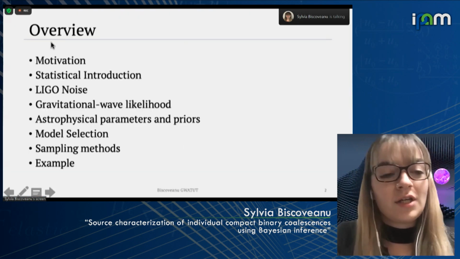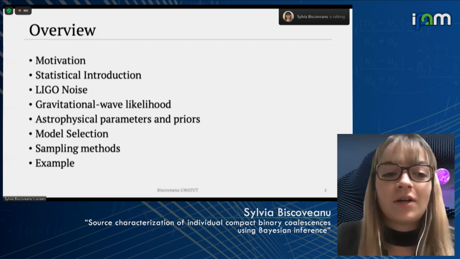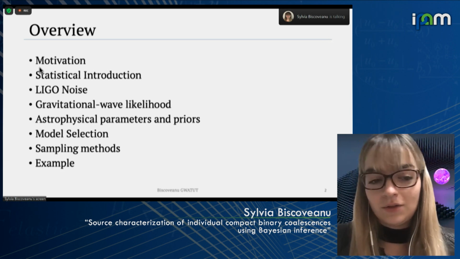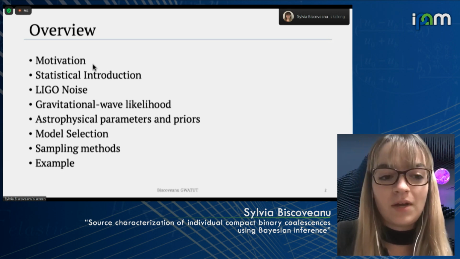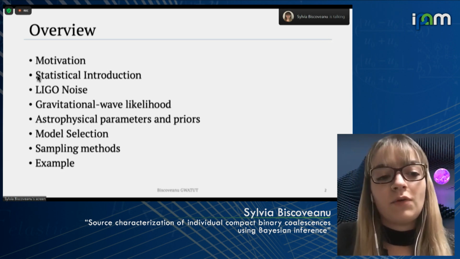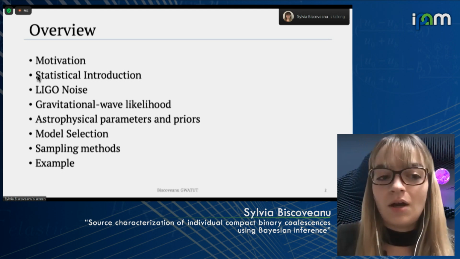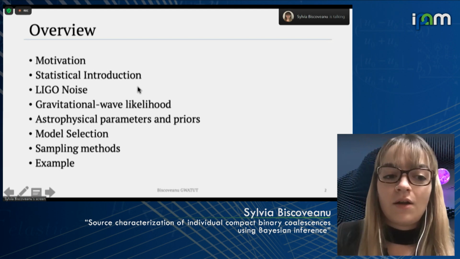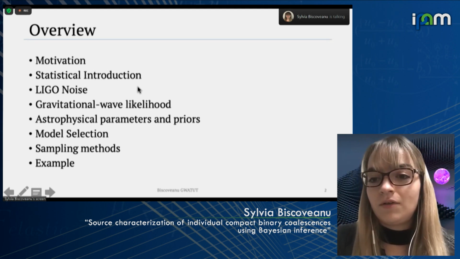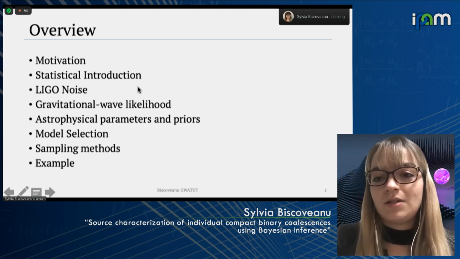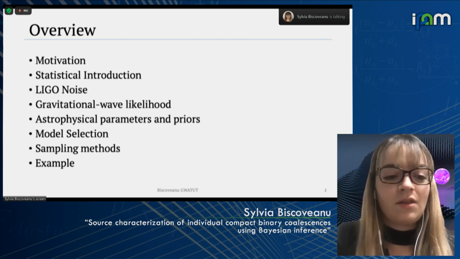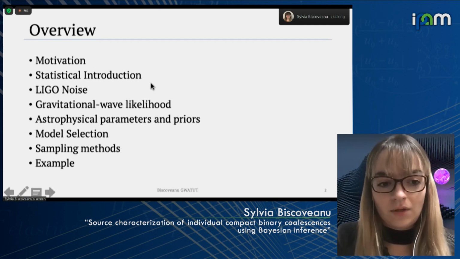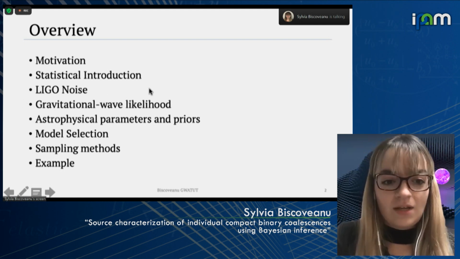So just to go over the topics that we'll cover, I'll start with some motivation for why we're interested in characterizing individual compact binary sources of gravitational waves. I'll go through an introduction to the statistical concepts that will be necessary throughout the rest of the talk. Then I'll talk about some of the properties of the LIGO noise that affect the likelihood that we use for analyzing the gravitational wave data, and then go into presenting that likelihood.